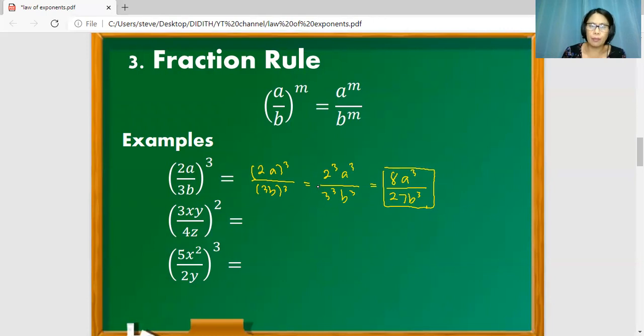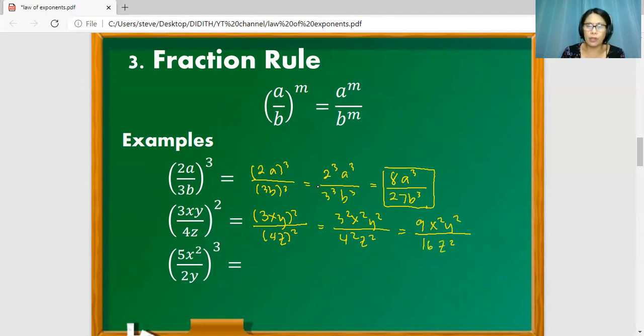For the second example, we have quantity 3xy squared all over quantity 4z squared. So we have 3 squared, x squared, y squared, and then we have 4 squared, z squared. So we have 9 x squared y squared all over 16 z squared.